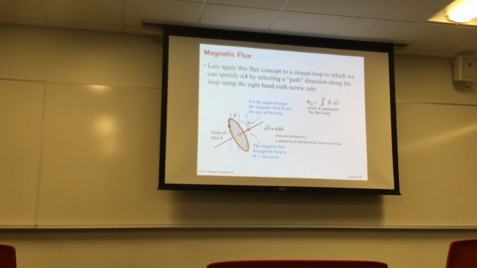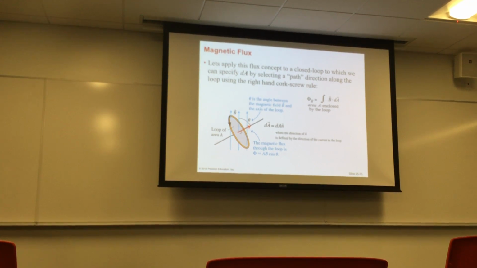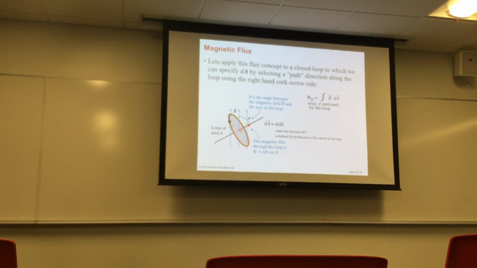Anyways. All right, so remember we have a wire in the shape of a loop. We can calculate the magnetic flux through this wire, in the sense that this loop encloses an area.